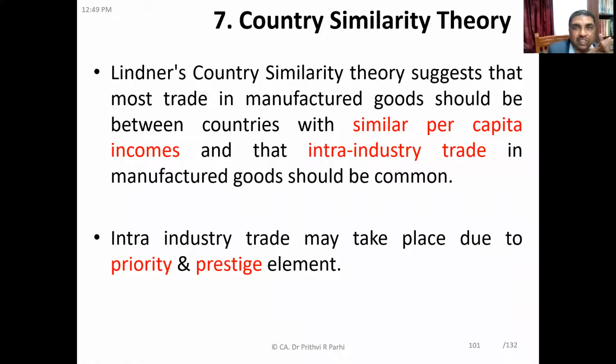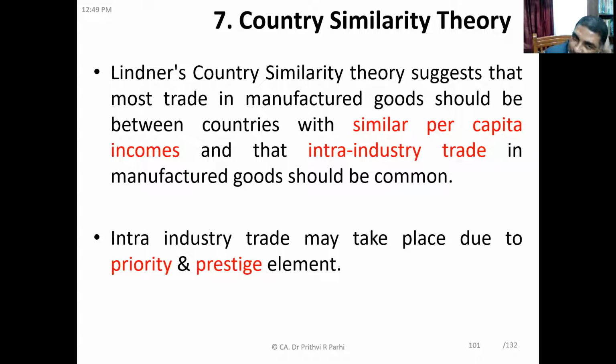The next theory is the country similarity theory, developed by Linder. Linder's country similarity theory suggests that most trade in manufactured goods should be between countries with similar per capita income, and that intra-industry trade in manufactured goods should be common.